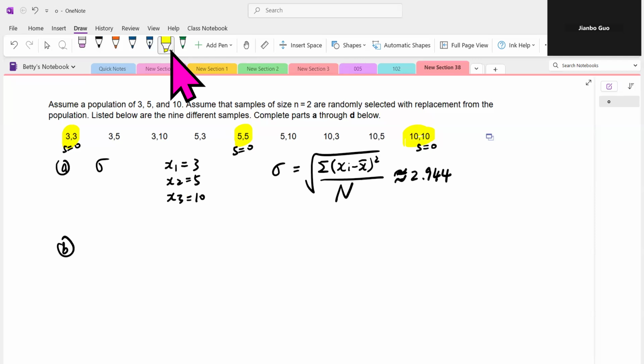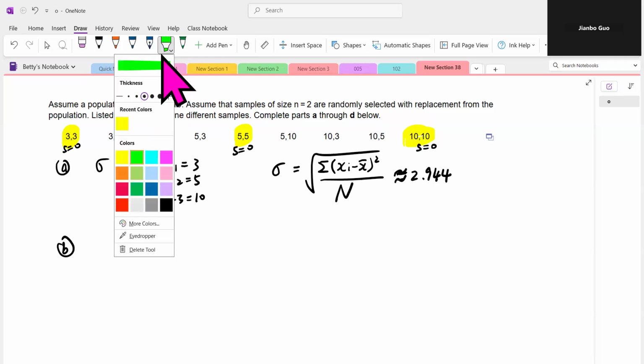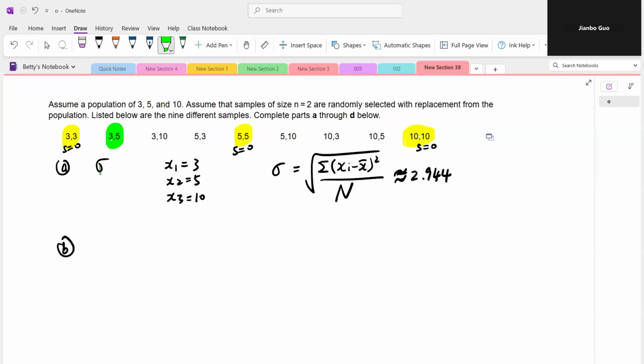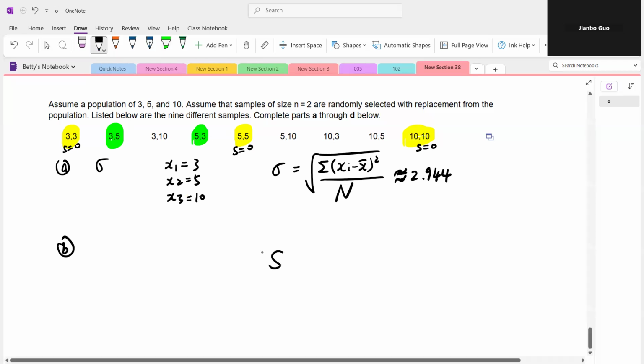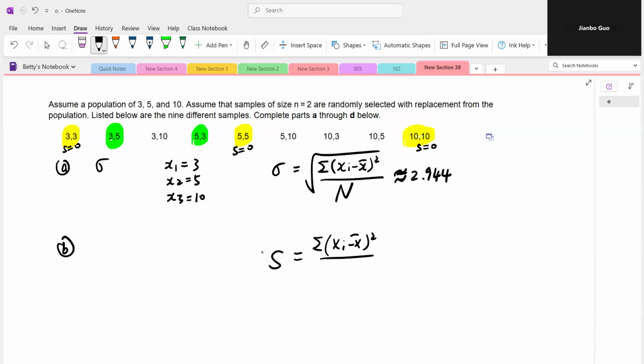And then let's change to a different color, say green. 3, 5 and 5, 3. Those two should have the same standard deviation. You can manually calculate the sample standard deviation. The formula for sample standard deviation is xi minus x bar to the power of 2, take the sum and then divide by n minus 1.